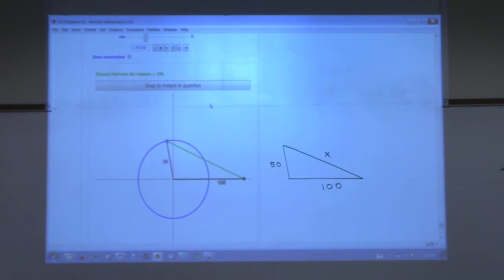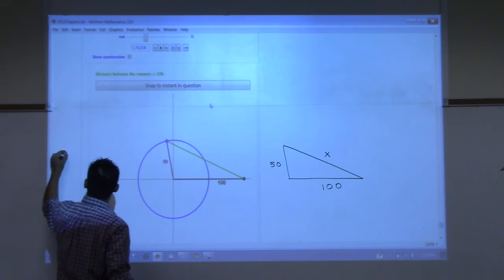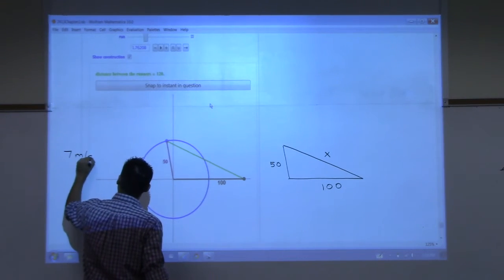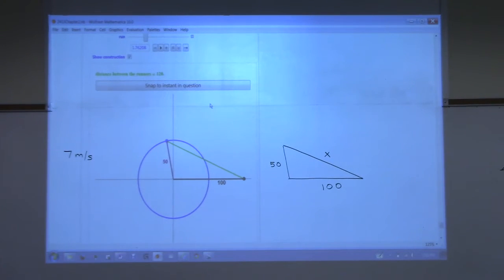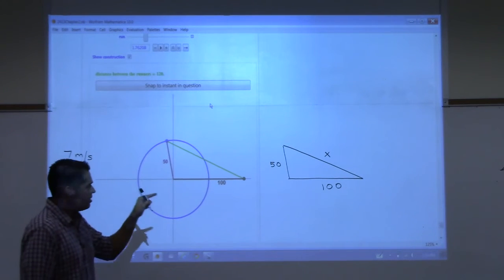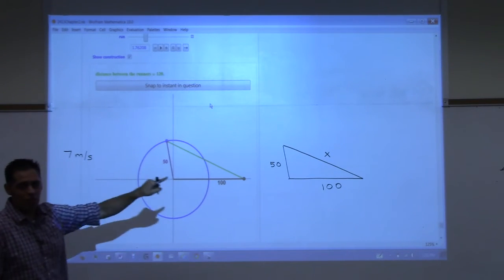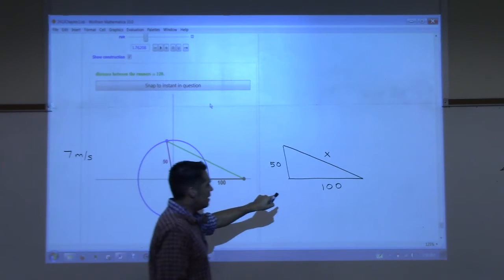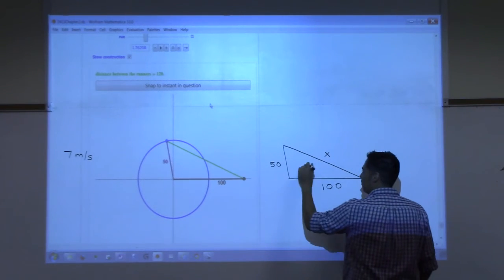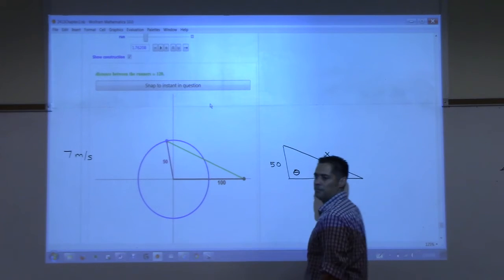And the only other thing that I know about is what? What else is changing? You know the distance, you know the speed of travel around it. And what was it again? 7 meters per second. That's the linear speed of the runner. But I need something that goes in my triangle. This has to help me within my triangle. And so there's one thing that's also changing in this triangle that I can label, and that's the angle theta.